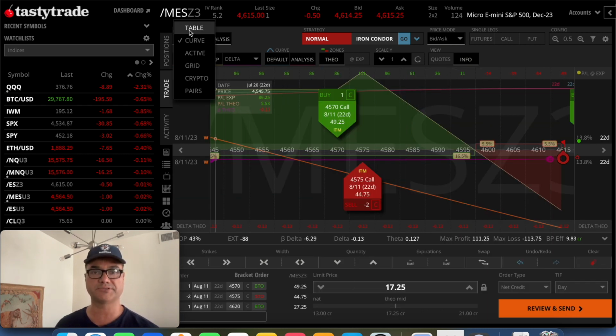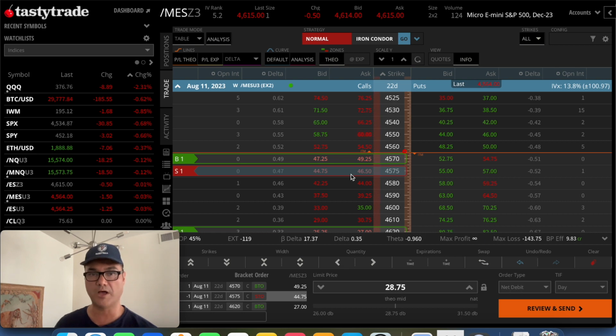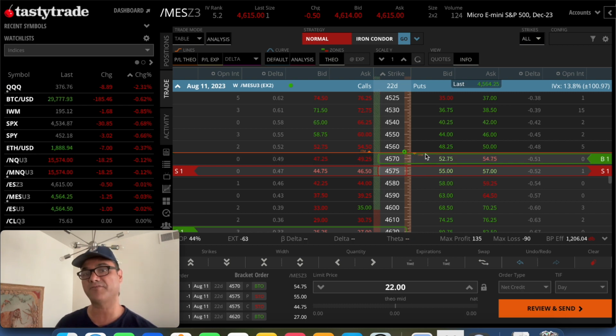I'm going to go back to the table tab. What I can do is create a synthetic long call and create a synthetic short call. I'm going to reduce that strike at 4575 to 1, and I'm going to sell a put, modifying it by changing it into a put.